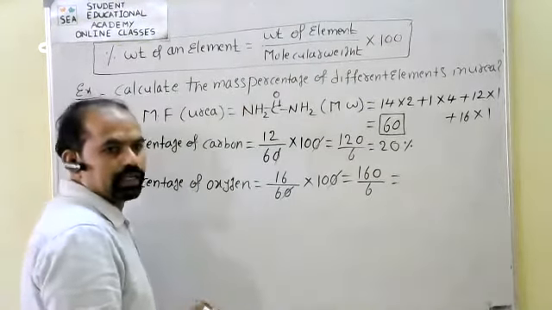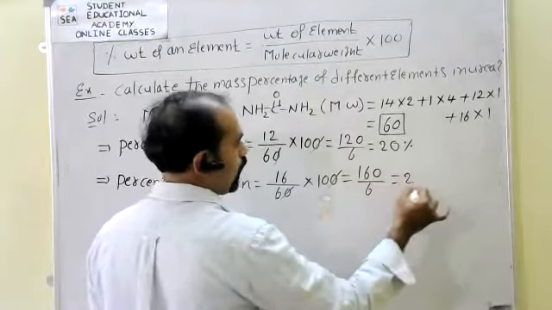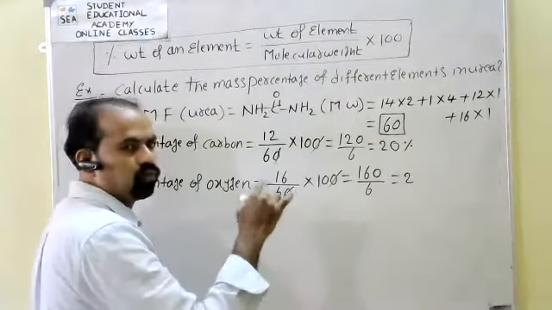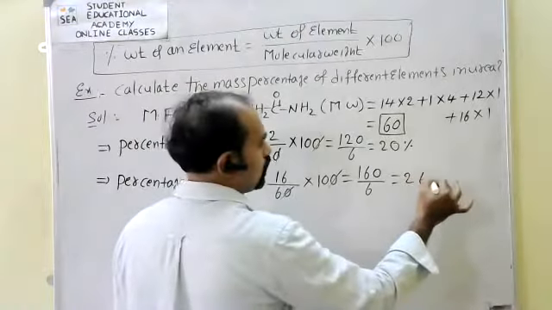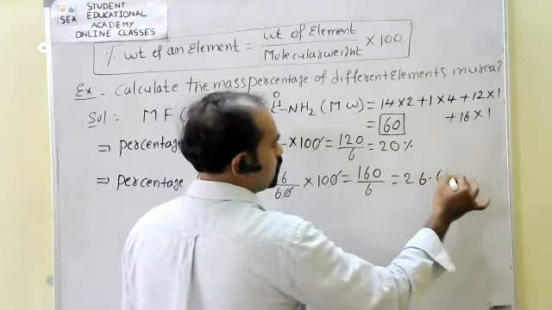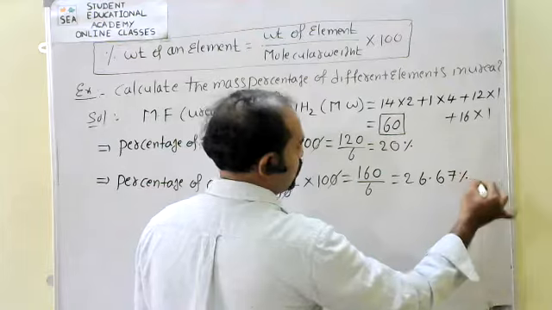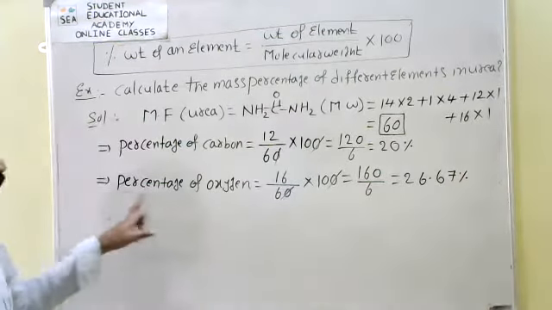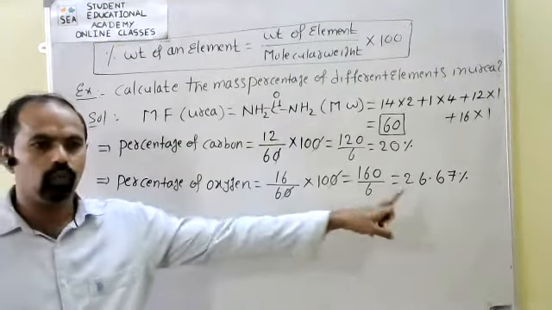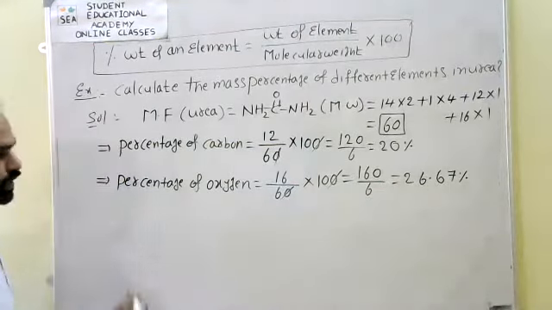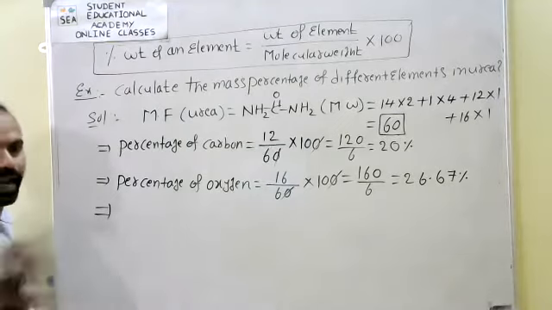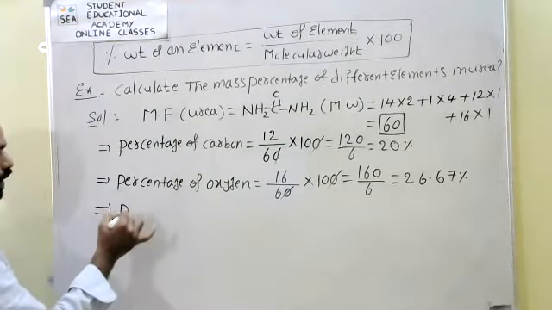That is 2 times 12, remaining 40, so 6 times gives 26.67%. The percentage of oxygen we get is 26.67%.